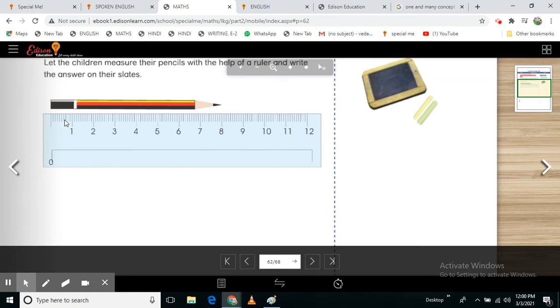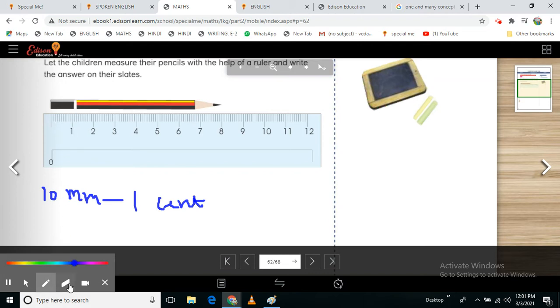So 10 millimeters is equal to 1 centimeter. Right? Okay, so 10 millimeters is equal to 1 centimeter.